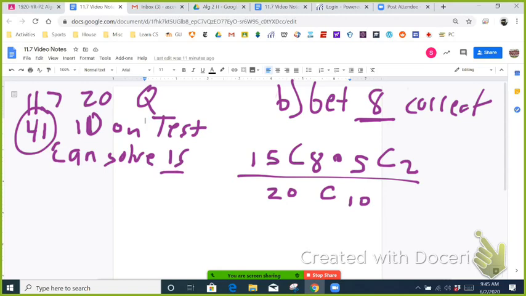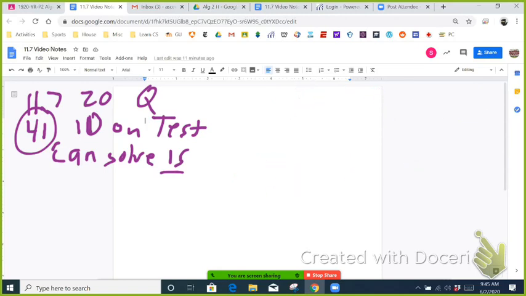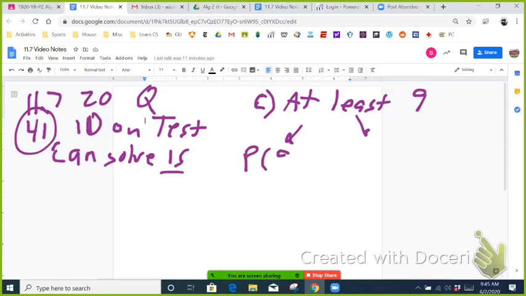And then for C, it says find the probability of getting at least 9 questions correct on the exam. At least 9. I often say that if you see the word at least, you should do the complement principle. In this case, I would not advise this, because getting at least 9 questions correct would be the probability of getting 9 questions correct plus the probability of getting 10 questions correct, because there's only 10 questions on the test.